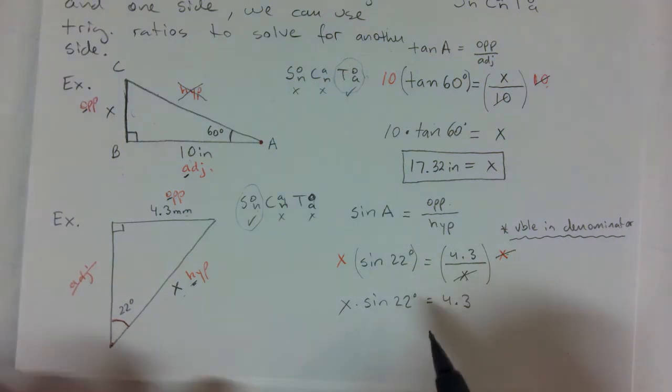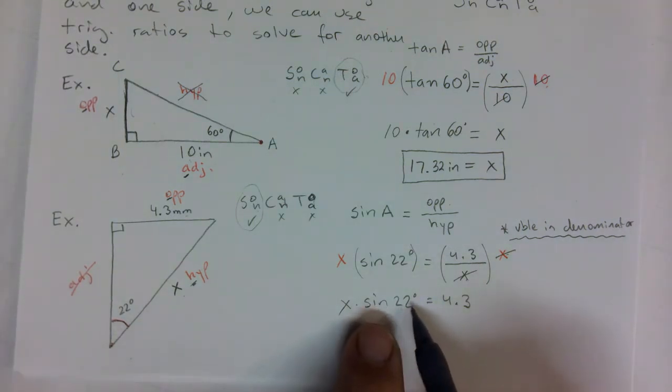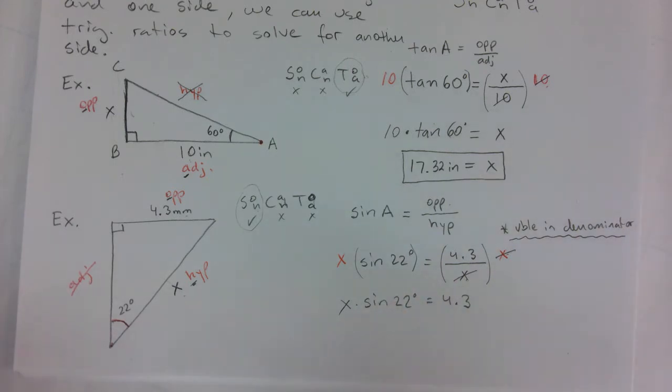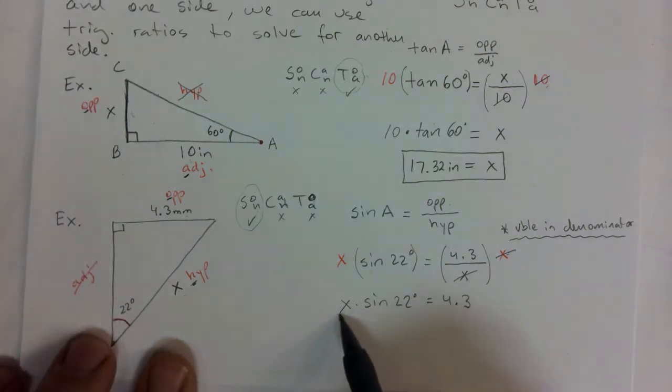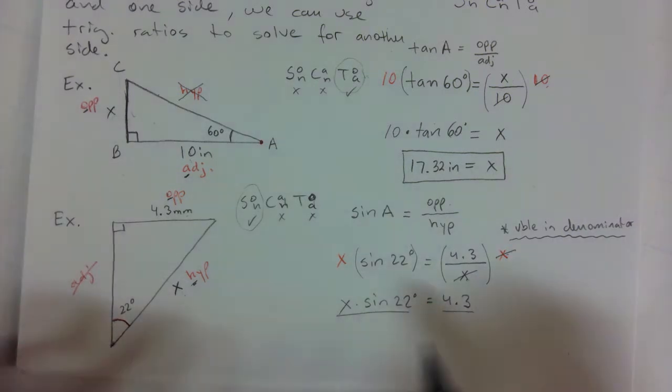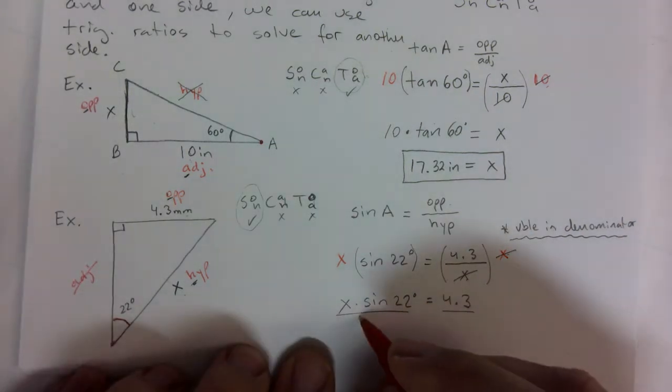And then our next step is to remember that this is actually a number, but we leave it like that because we don't want to write down the decimal because it has a lot of decimal places. So we rather just keep it as sine of 22. So now we're going to divide both sides by sine of 22.